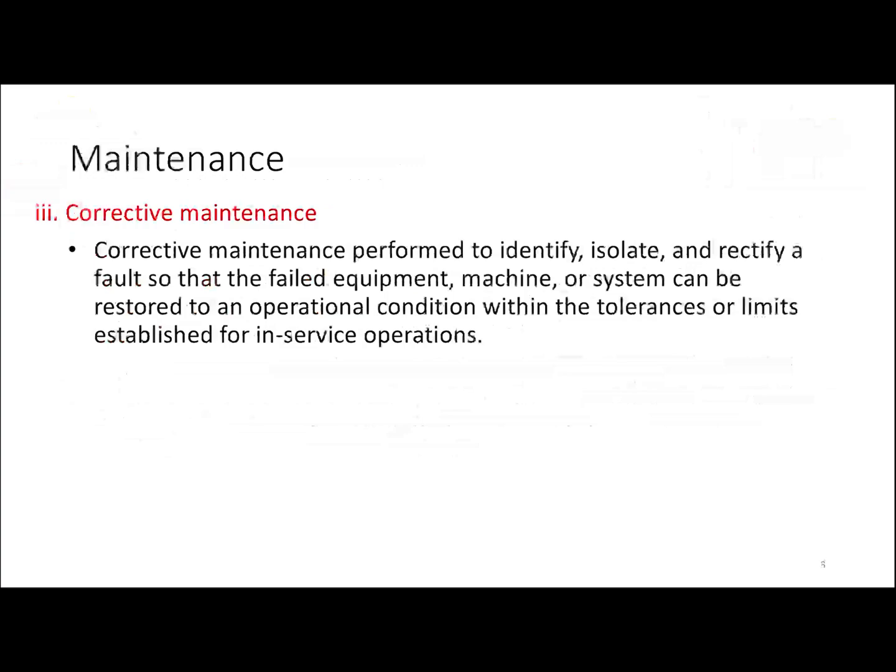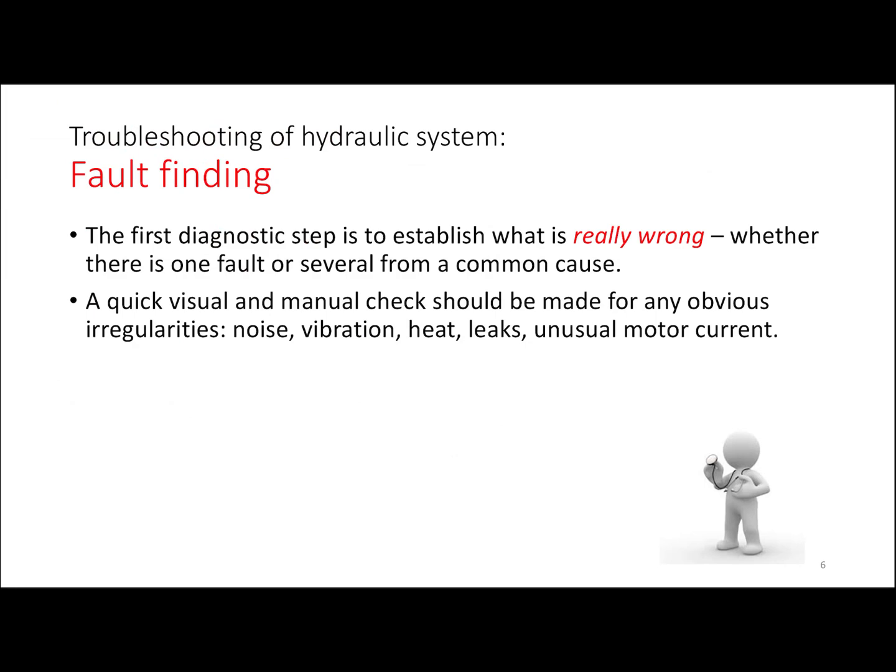In terms of industry, basically we try to avoid this kind of maintenance because corrective maintenance is performed after the machinery or equipment has failed. So these are the three types of maintenance that exist today.